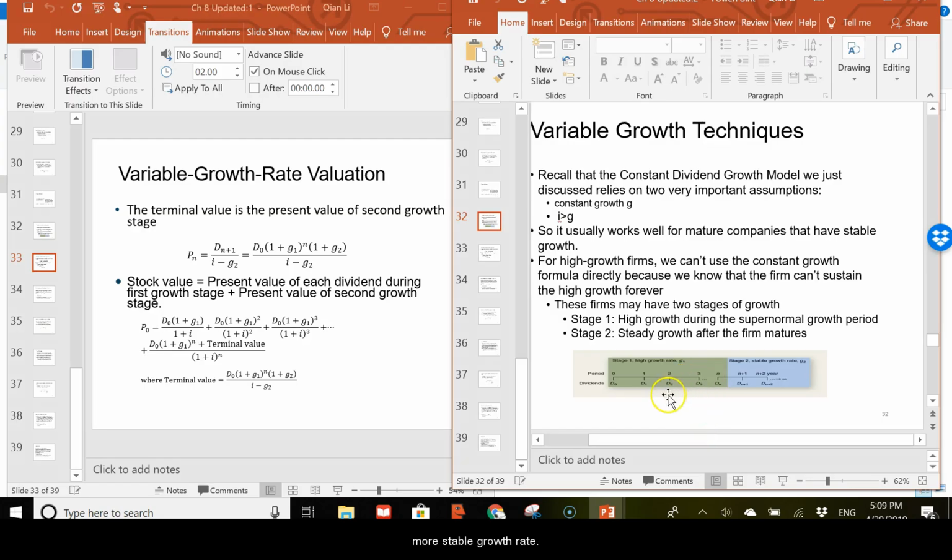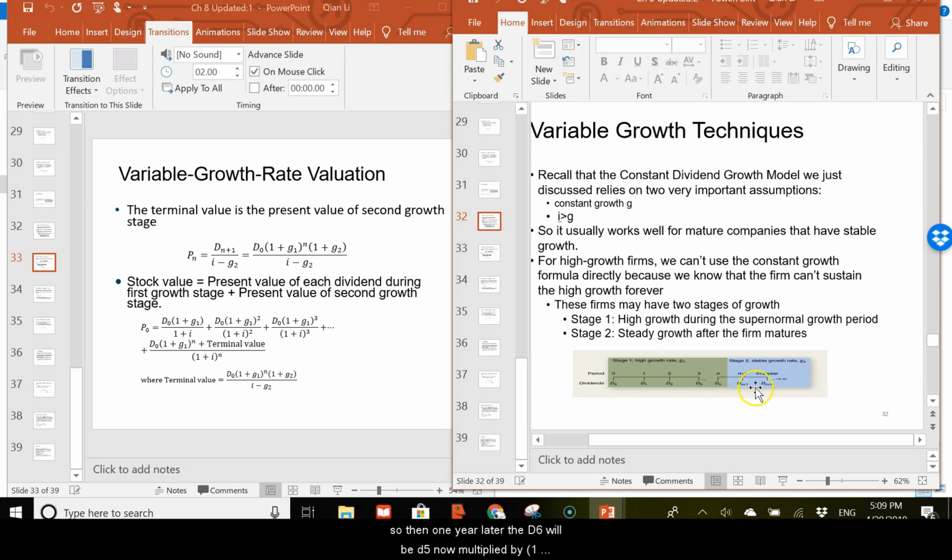So under that idea, if you now look at the timeline, if we start from year 0, that's when the company just paid a dividend of D0. And if we say the nth year, maybe n will be 5. So the 5th year is when things start to slow down.